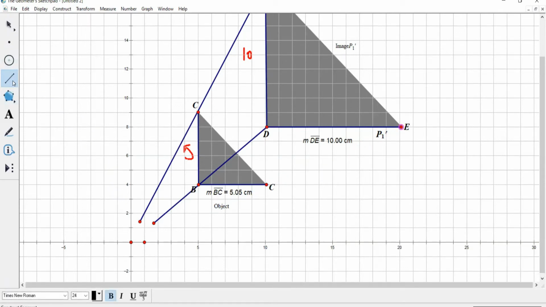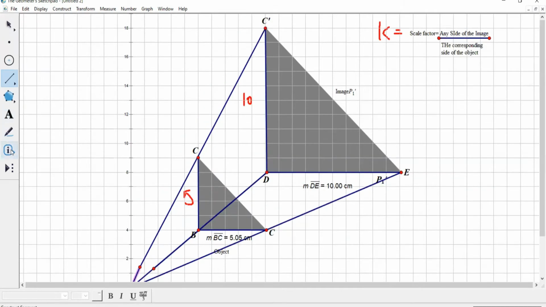As you can see, the center of enlargement is going to be the origin. Not all the time is it going to be the origin. It's just a case where we construct all of the lines together.